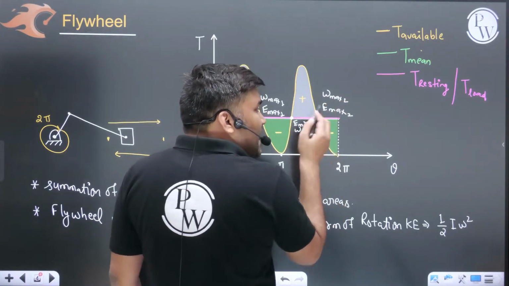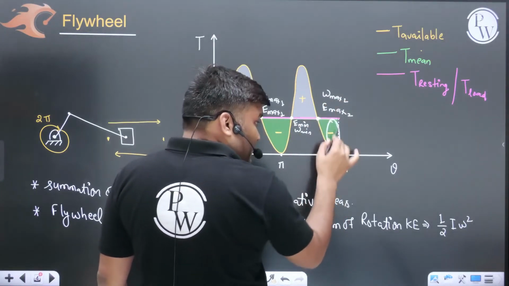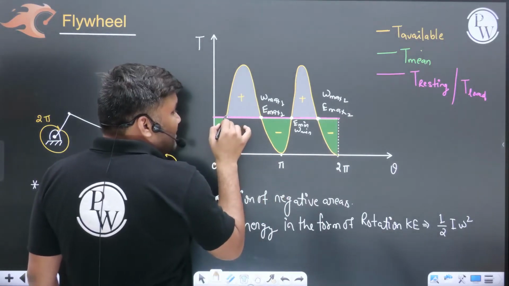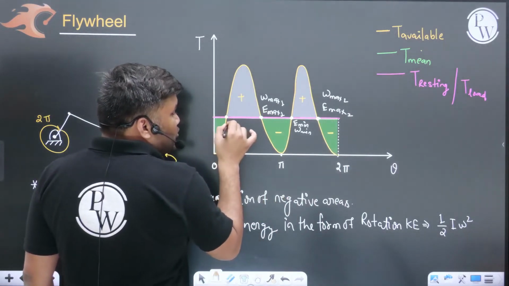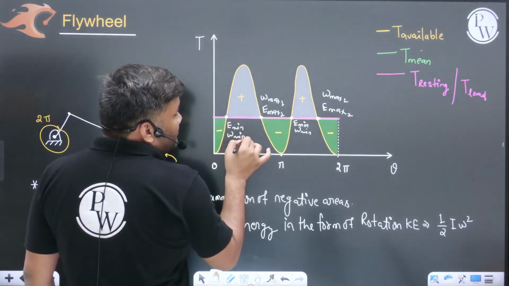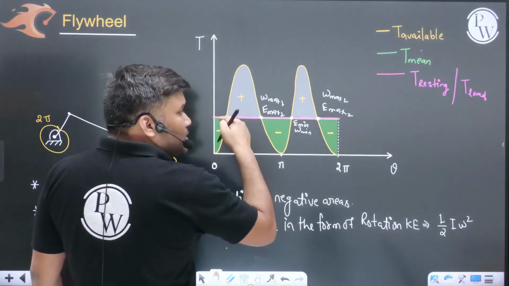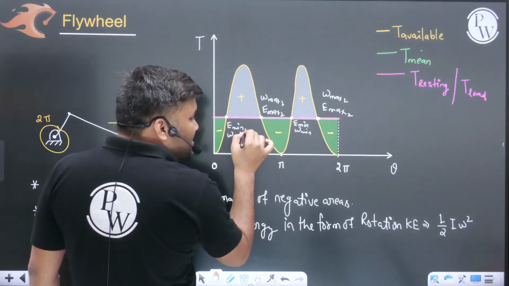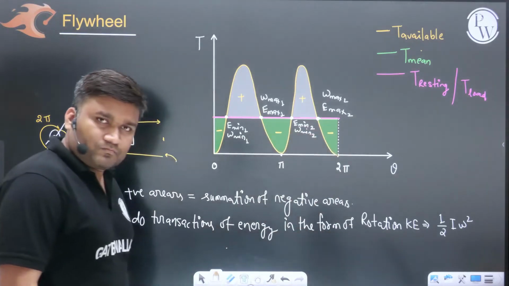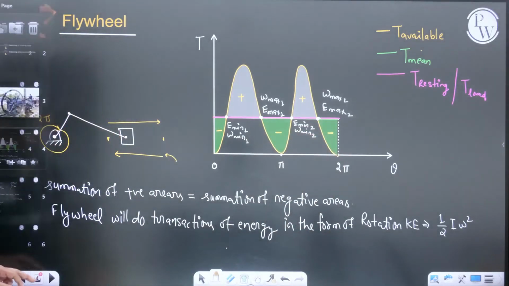Again it is going to deliver some energy here, and at this point its energy is going to be something minimum, or omega something minimum. There are two minimums, so I will call this minimum 1 and this minimum 2. Getting my point?